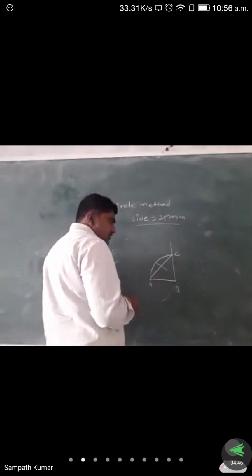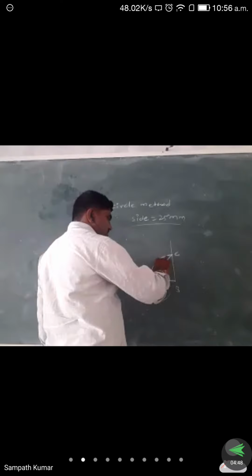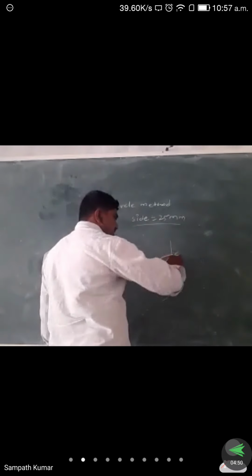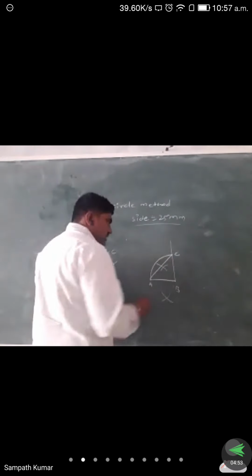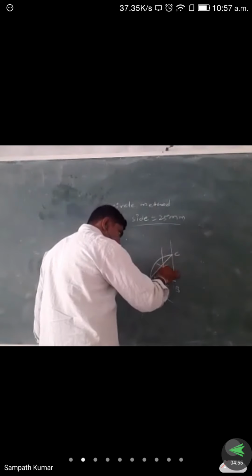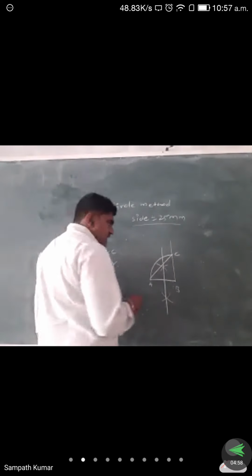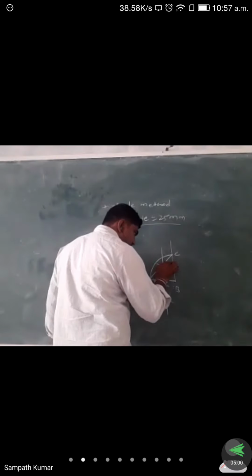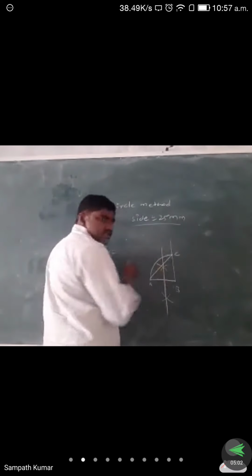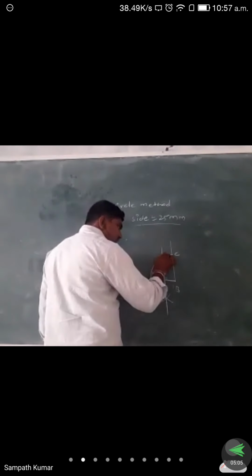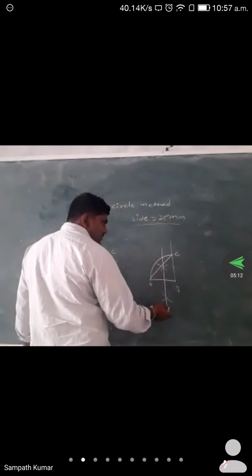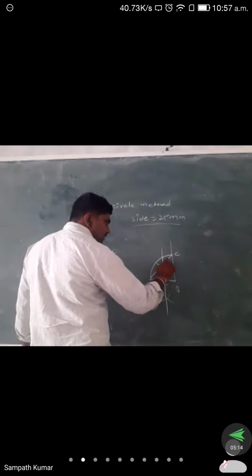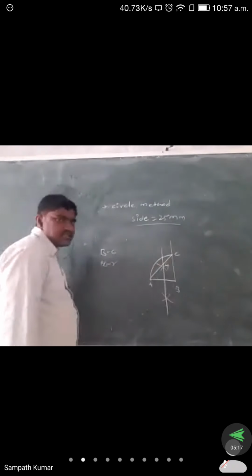B as a center with the same radius, intersecting these two arcs. Joining these two arc intersections, this perpendicular bisector line intersects AC at the fourth point, and the AC arc at the sixth point.